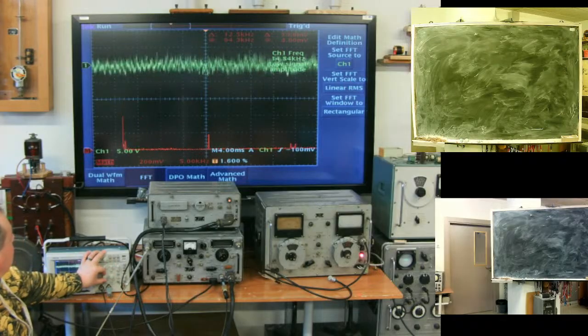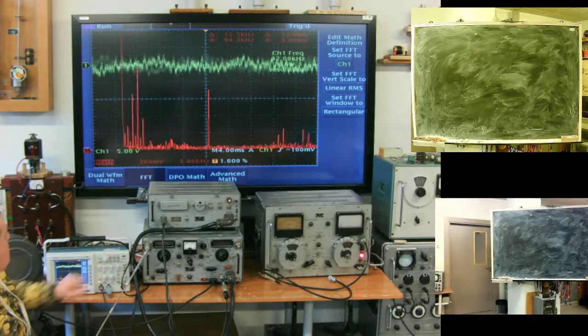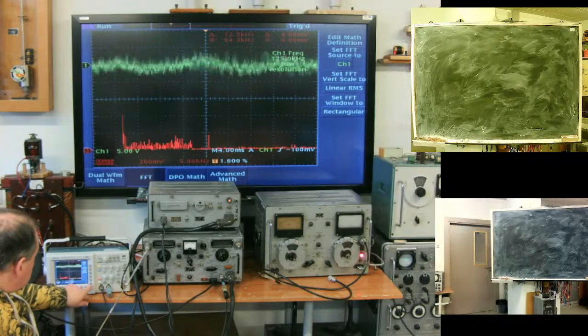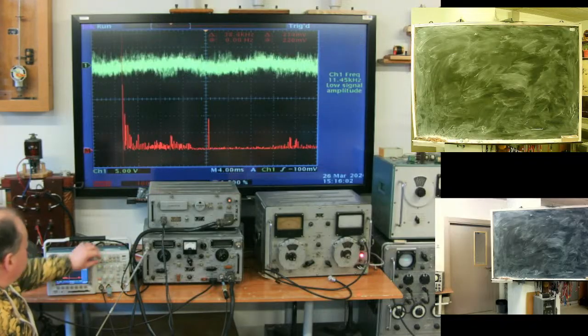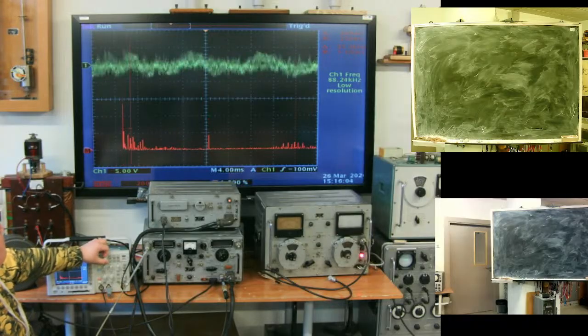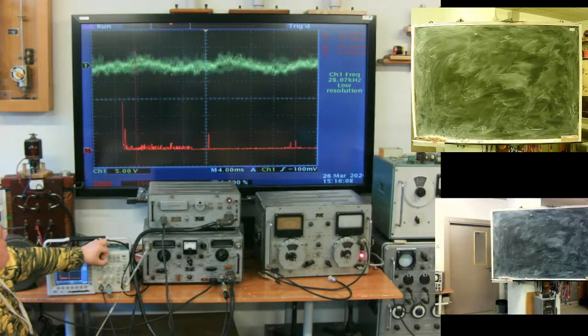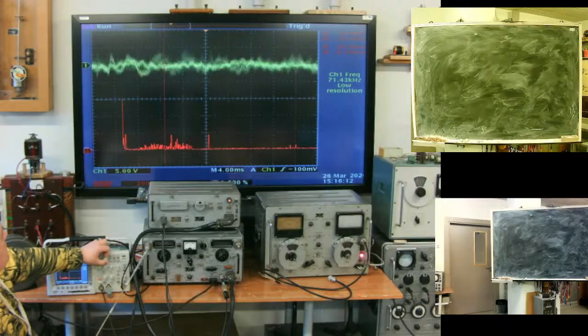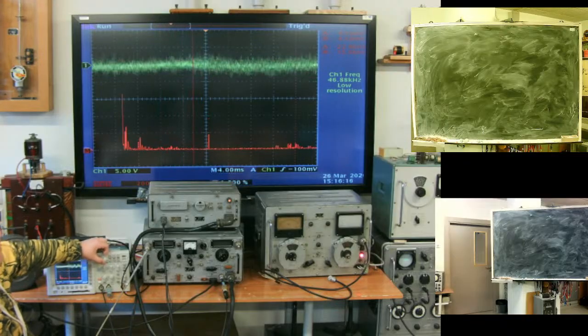Now we have a true broadcasting signal. Let's start analyzing. 100 Hertz, 4 kilohertz, 5 kilohertz, 15 kilohertz.